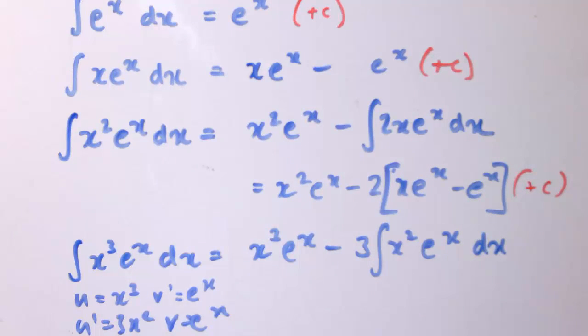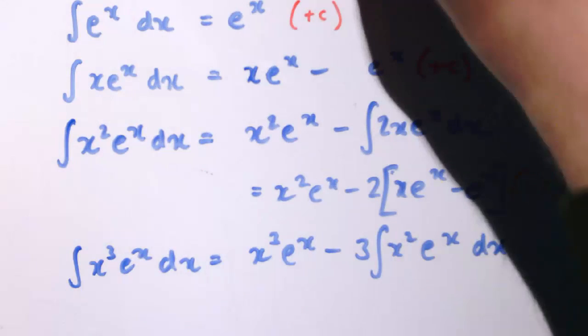And I can work this out now, because this is the integral of x squared e to the x. I've just done that before, and we know it's this whole thing. I could just replace this integral, so we can build up and up. Whereas if I'd started with this integral, I'd need to integrate by parts again and again. So this is potentially saving us lots of integration by parts.